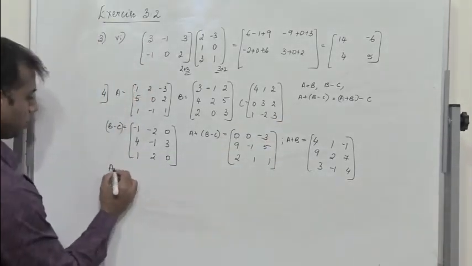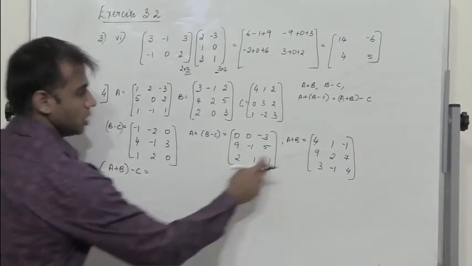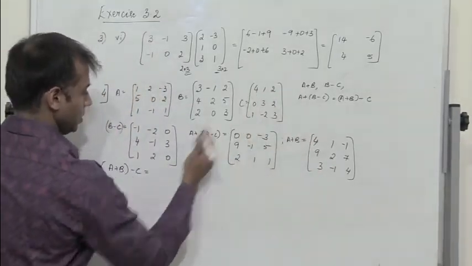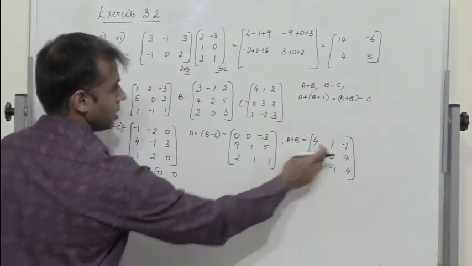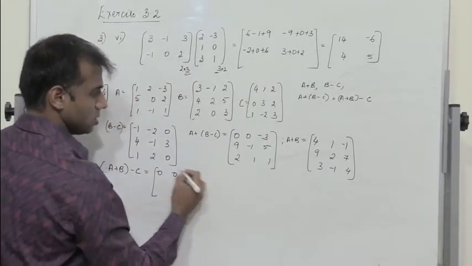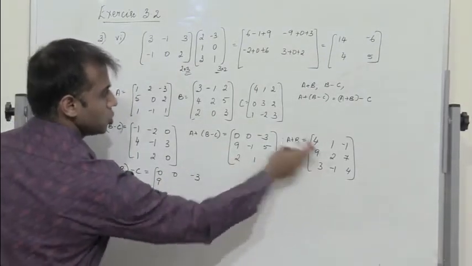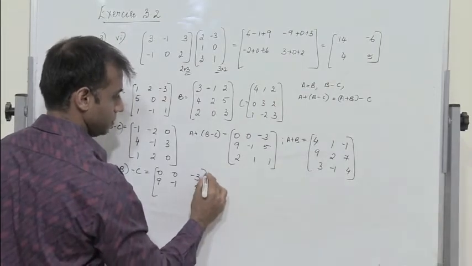So let me do (A plus B) minus C, right? So these are the elements of (A plus B) minus C. So 4 minus 4 is 0, 1 minus 1 is 0, minus 1 minus 2 is minus 3, right? 9 minus 0 is 9, 2 minus 3 is minus 1, 7 minus 2 is 5.